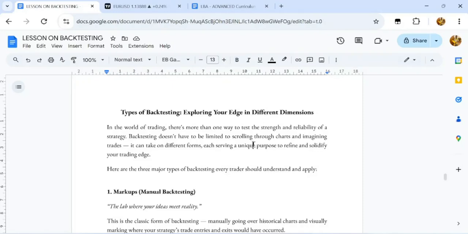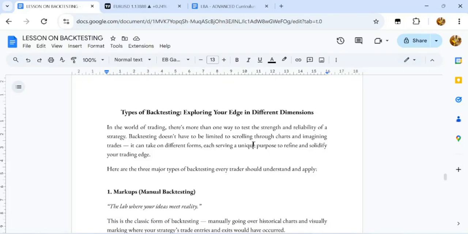I'll be looking at the types of backtesting, exploring your edge in different dimensions. In the world of trading, there's more than one way to test the strength and reliability of a strategy. Backtesting doesn't have to be limited to scrolling through charts and imagining trades.